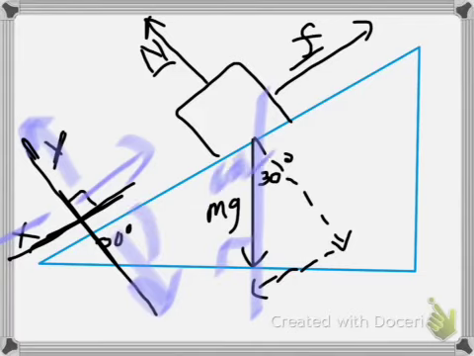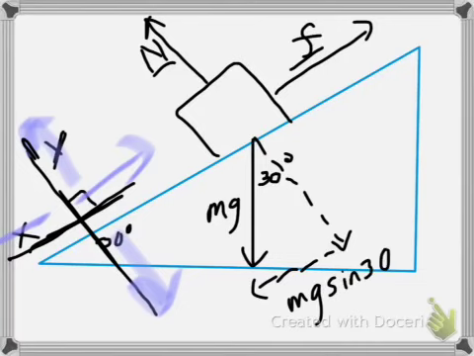This is also a right angle, so they're basically complementary, I believe. Now, since I've split gravity up, I have an opposite component and an adjacent component. My opposite component will be down here. This will be mg sine 30, and my adjacent component here is going to be mg cosine 30.